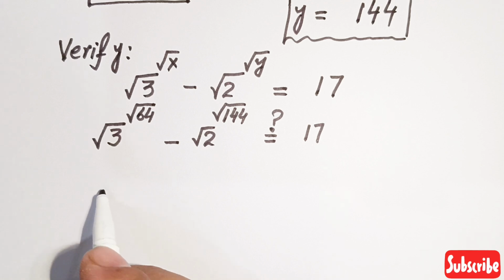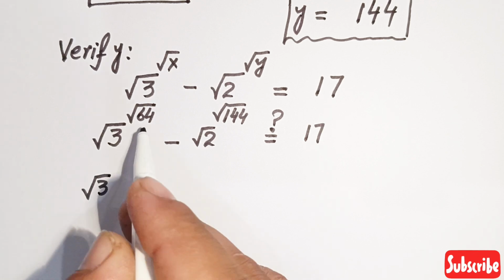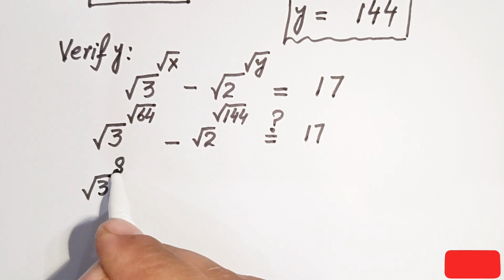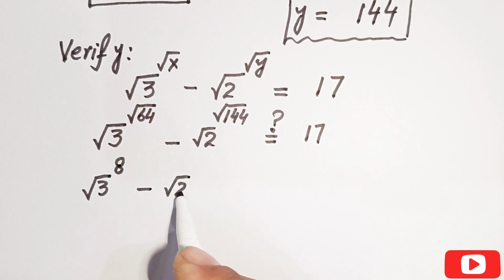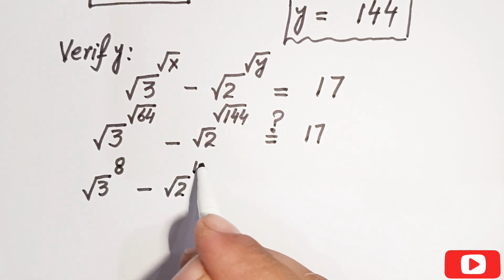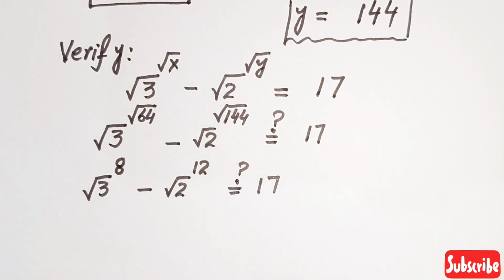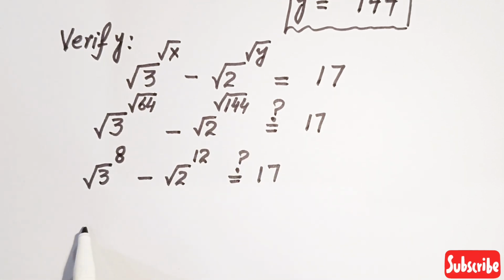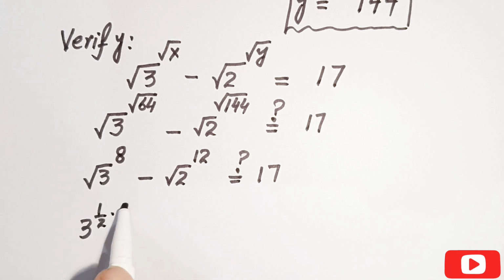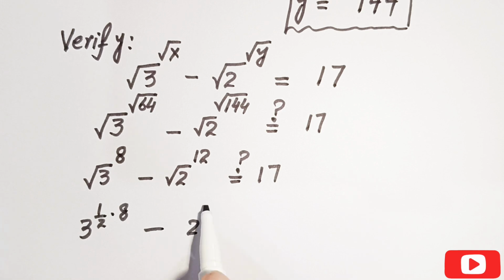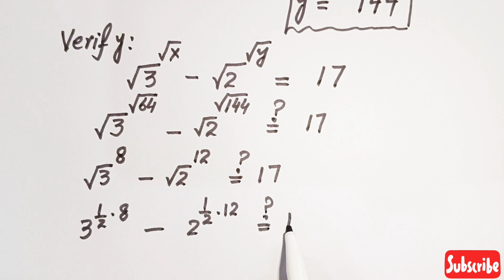Now we know that square root of 64 is equal to 8 and square root of 144 is equal to 12. So here we have 3 to the power 1 over 2 times 8, minus 2 to the power 1 over 2 times 12. Is it equal to 17?